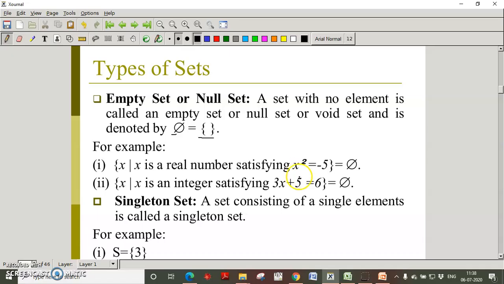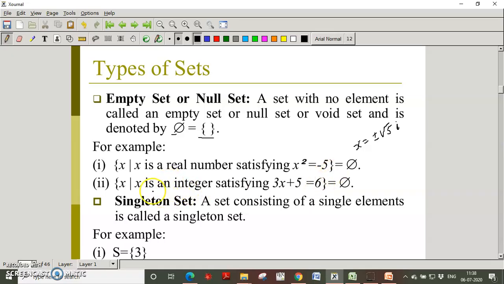When you solve this equation, you get x equals plus or minus root 5 times iota. This is a complex number, so there is no root in the real numbers, so this is a null set.